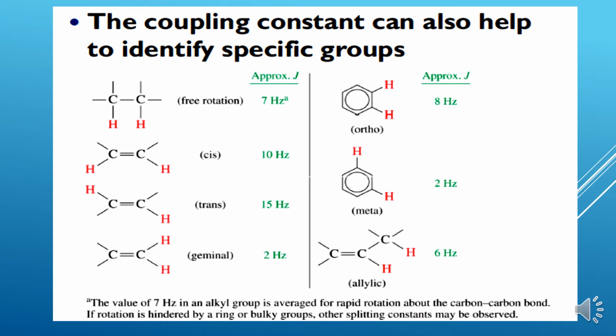Coupling constants also help. Again, your integral lines also help to a certain extent, and so do shielded and deshielded protons. By knowing all this information collectively, one could simplify the structure.